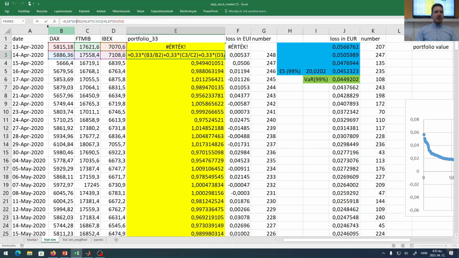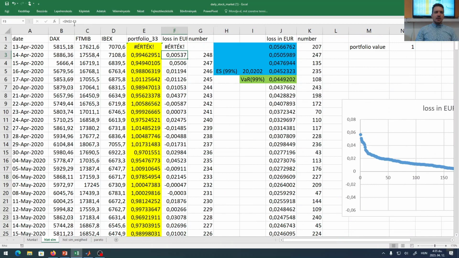So it's nothing important what is happening here. After that, we have to check this N2, the portfolio value, which is 1. And then we just have to see how it changes in amount of money. This is just for normalization of the issues.